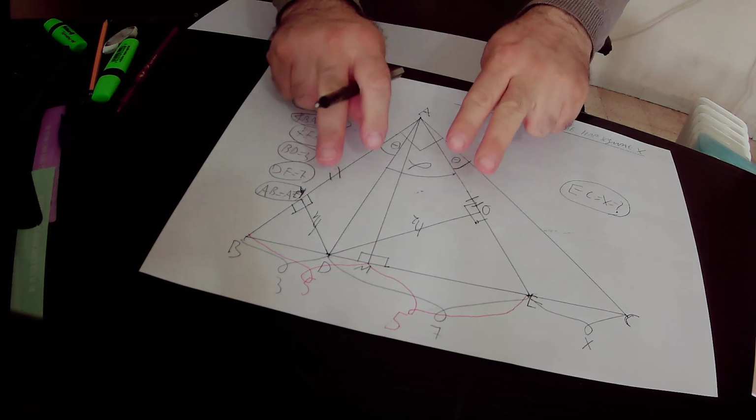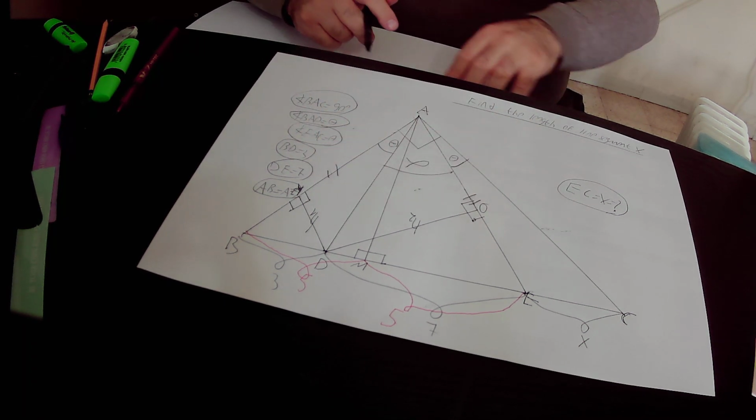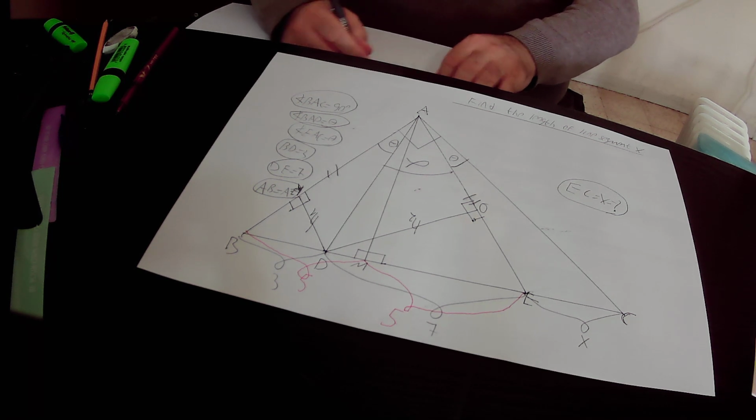And we will prove that those two triangles can go into each other. So why can those two triangles go into each other?